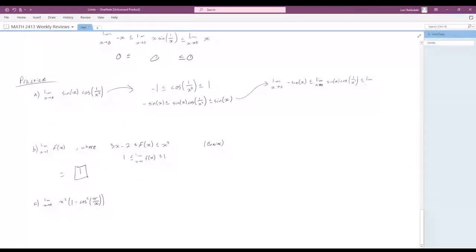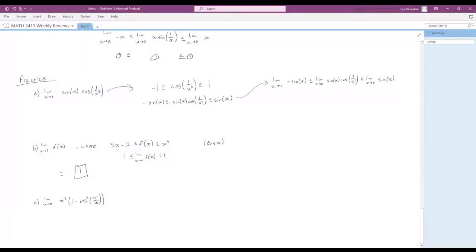So now we plug in. Okay, so negative sine of 0. What's the sine of 0?